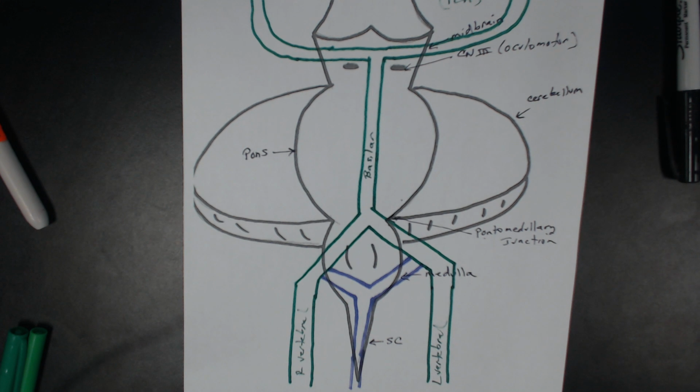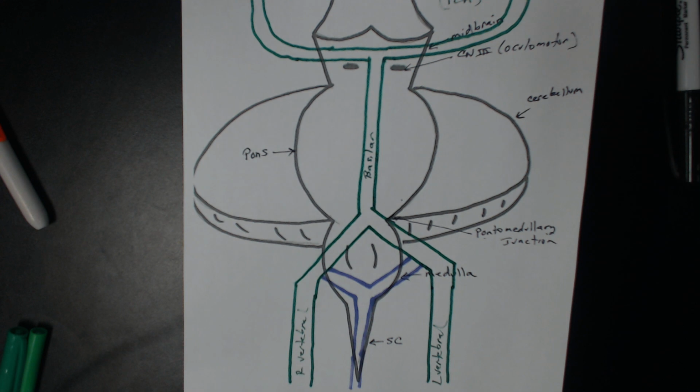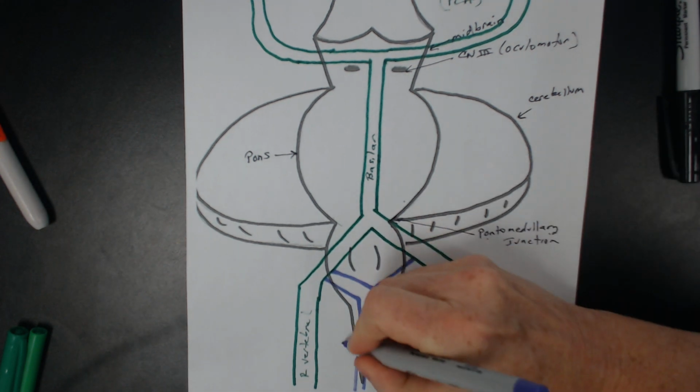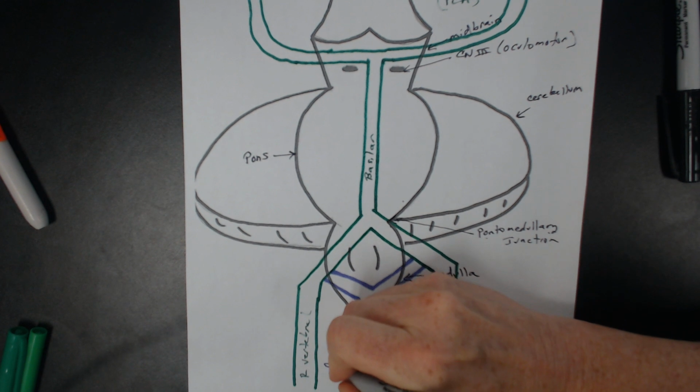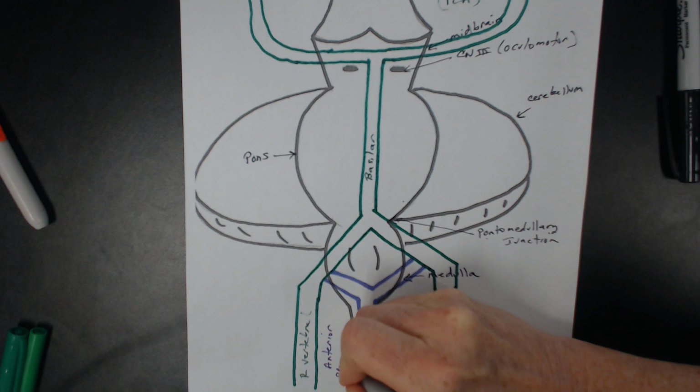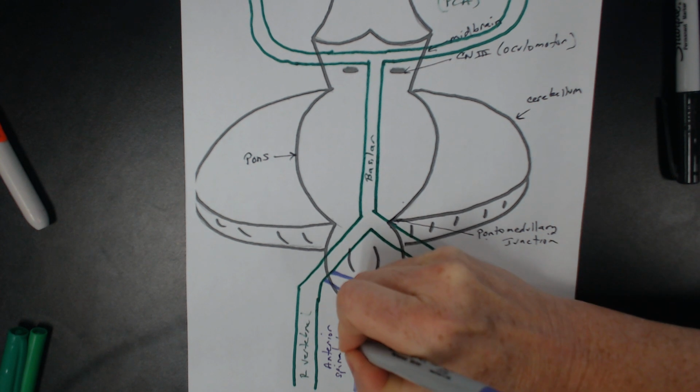It's going to be the formation of, does anyone know what artery supplies the anterior 2/3 of the spinal cord with blood? That would be the anterior spinal artery. So this is your anterior spinal artery.